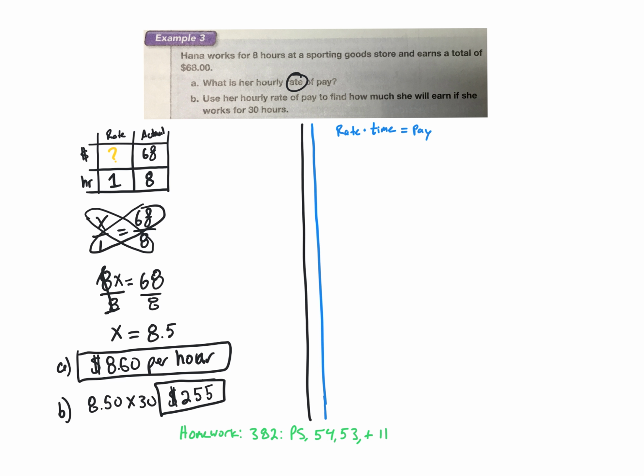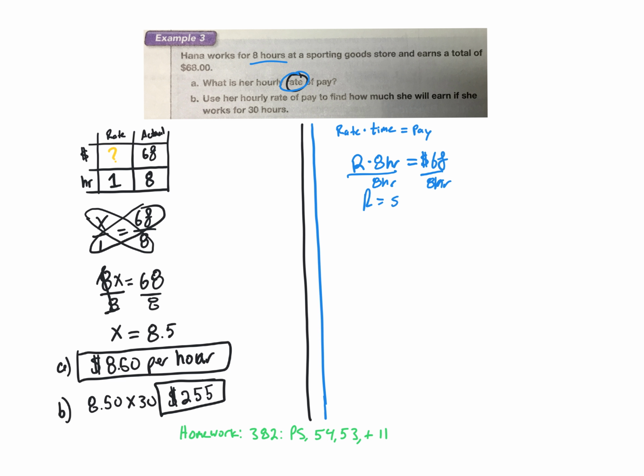The alternate way we could do that is we know the rate times the time equals the pay. Well, I don't have the rate. That's actually what I'm looking for, right, is the rate. So times the time, in this case, is the 8 hours, is equal to the pay, which is $68. So the rate, if I divide both sides by the 8 hours, the rate is going to equal $68 divided by 8 hours, which gives us that 8.5.